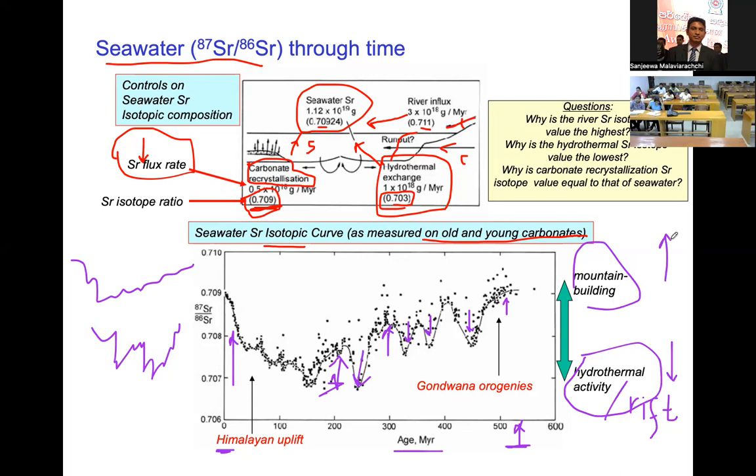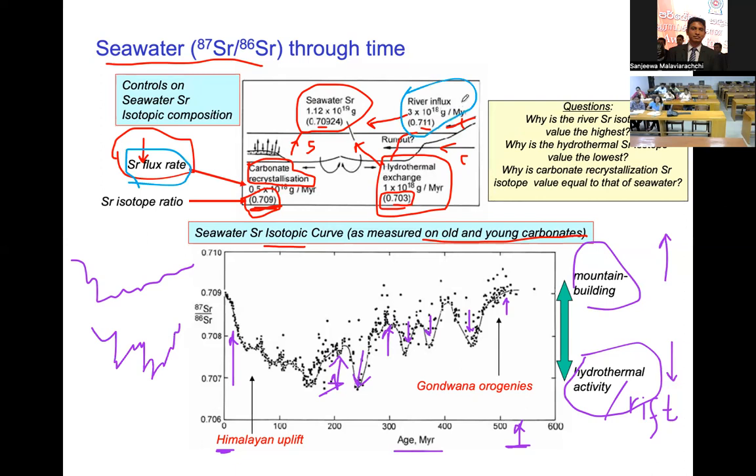Why? To increase the isotopic composition of the seawater, you saw these strontium flux rates, right? They are associated, and you see here riverine input is giving you high values of strontium. Why?